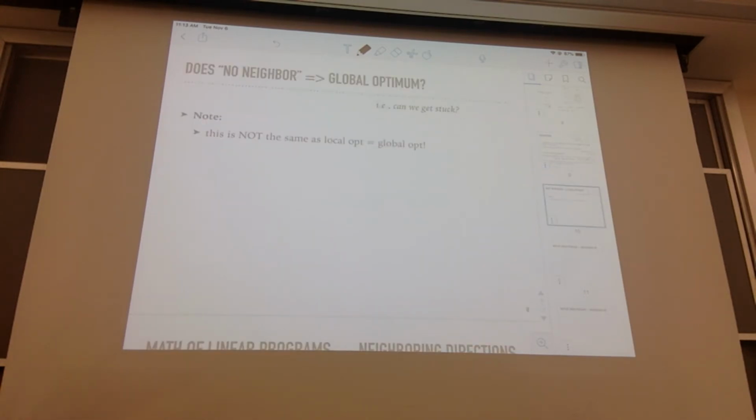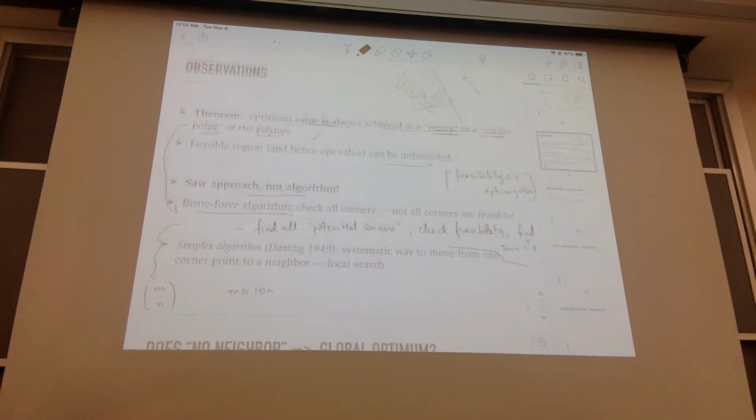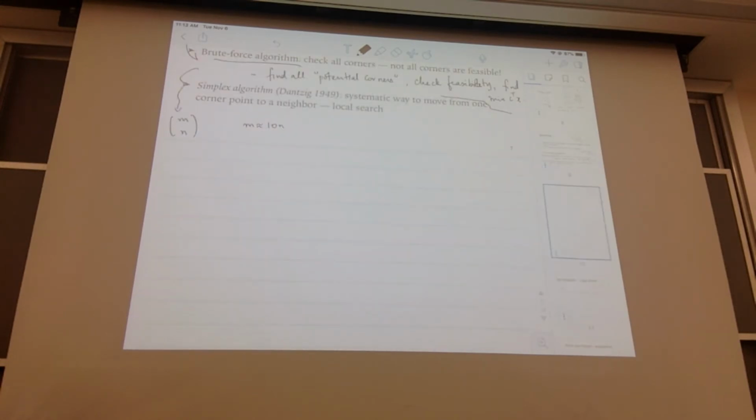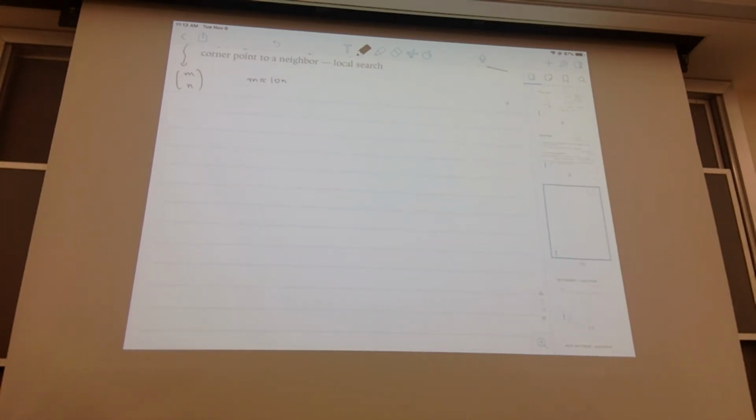Let me describe the high level idea. Start with one corner point, which we call V. This is often called the basic feasible solution.